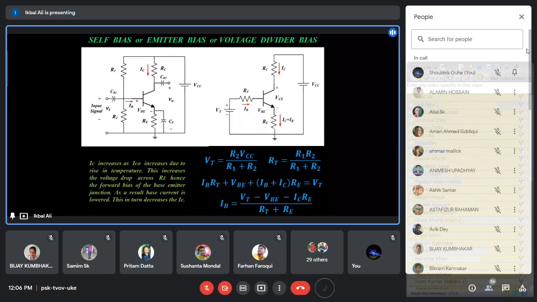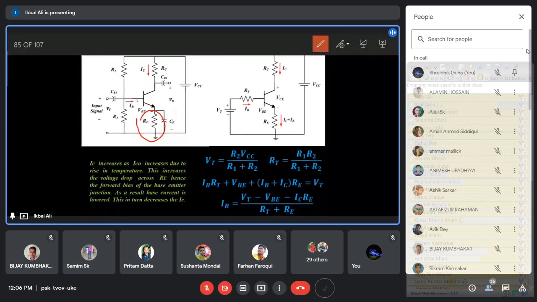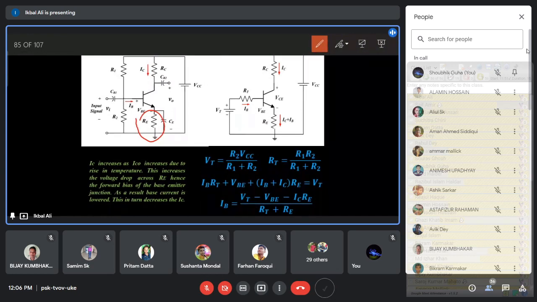We have also discussed why it is stable, because of this RE resistance, which was absent before. This RE resistance is connected in this self-bias circuit, or the emitter bias circuit. The emitter is not directly connected to ground. Instead, it is connected through a resistance, RE.